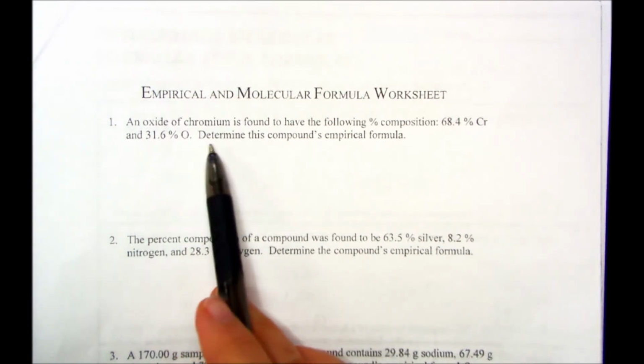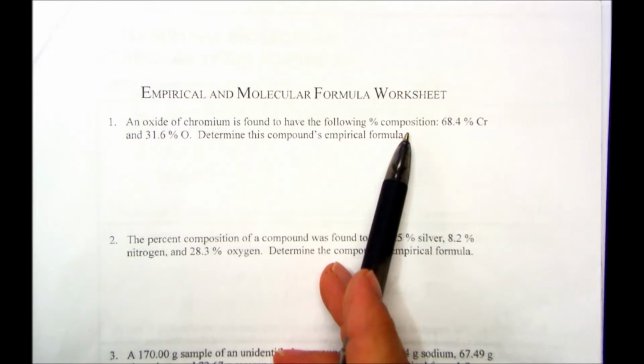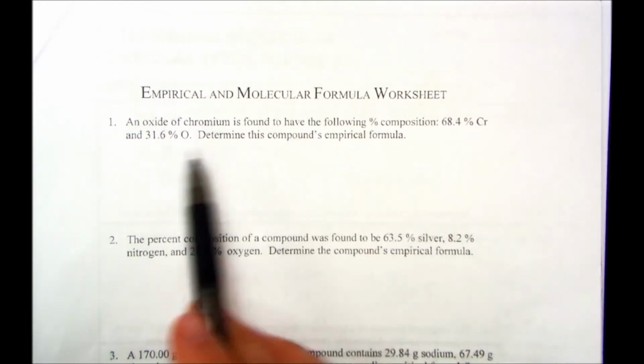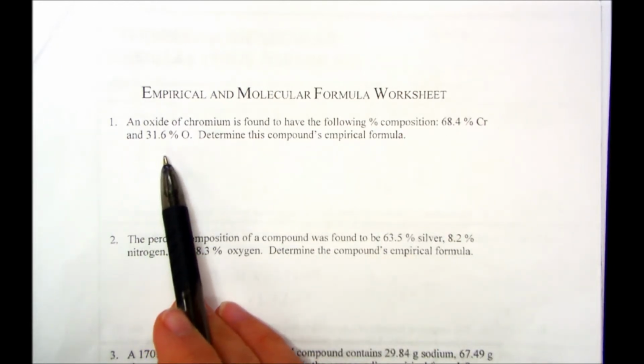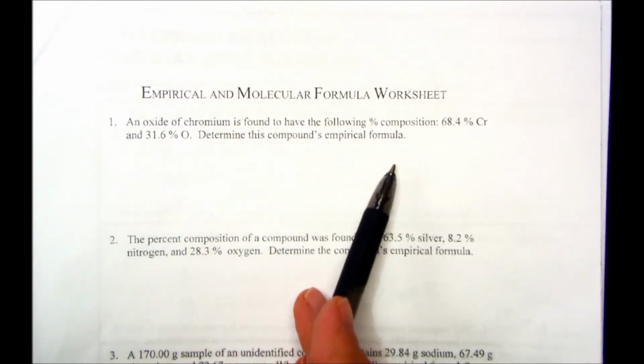The problem says an oxide of chromium is found to have the following composition: 68.4% chromium and 31.6% oxygen. Determine the empirical formula.